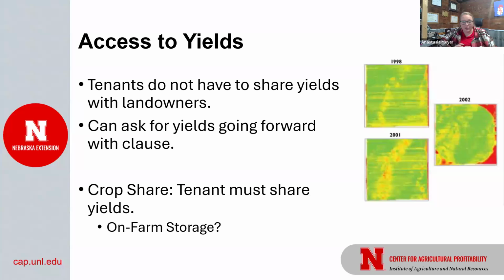If your tenant is having on-farm storage, you might consider requesting scale tickets or the certification of how they measured grain bins and did that estimation. It's a little bit trickier, but it is doable, and they still have to share those yields with you for crop share. For cash rent, it's just going on if you put it in a lease.